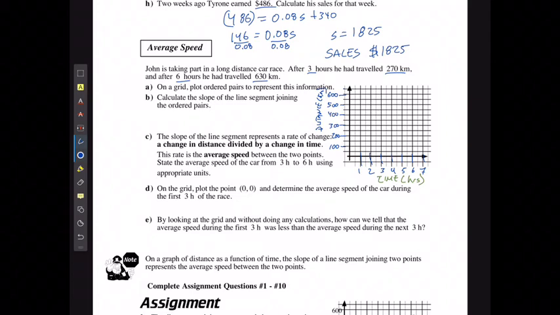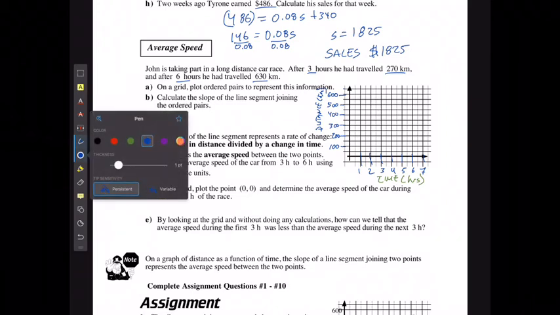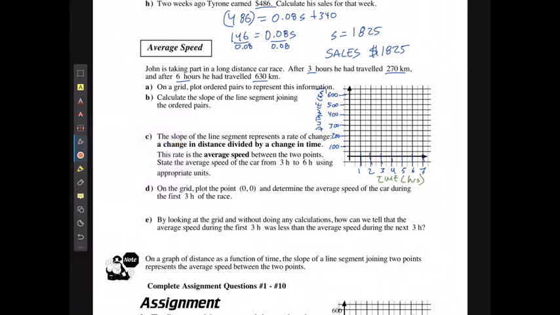So I need to plot what the points are on the graph, and I'm going to say at 3 hours he traveled 270 kilometers, which is going to be approximately here.